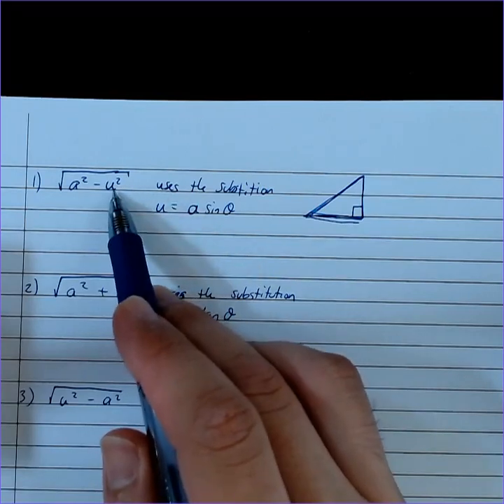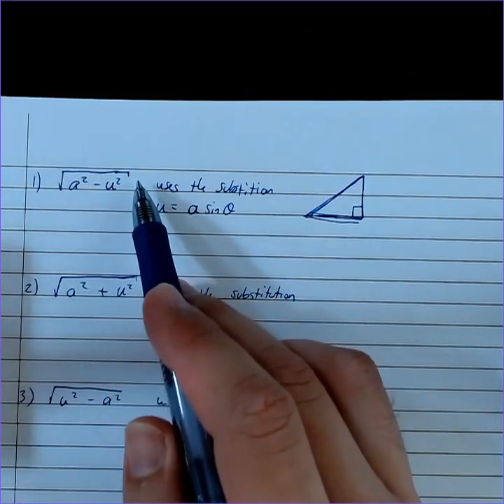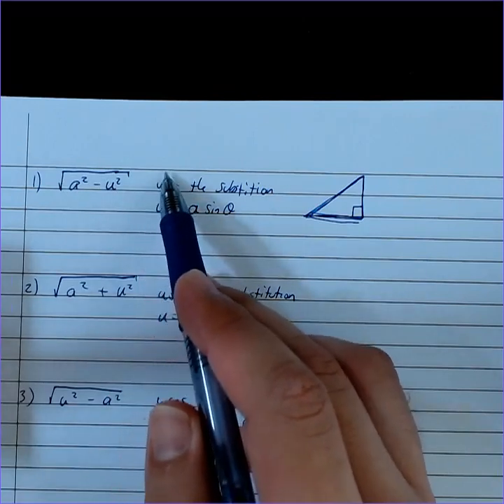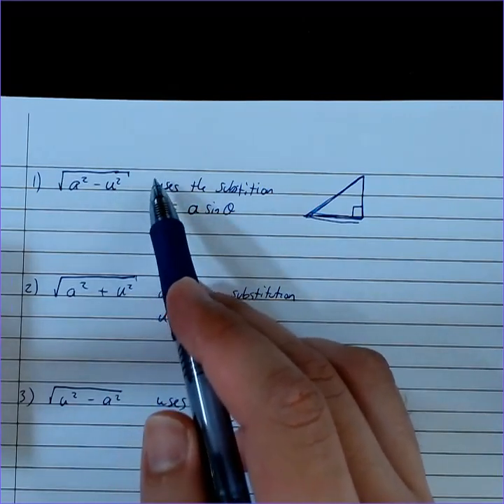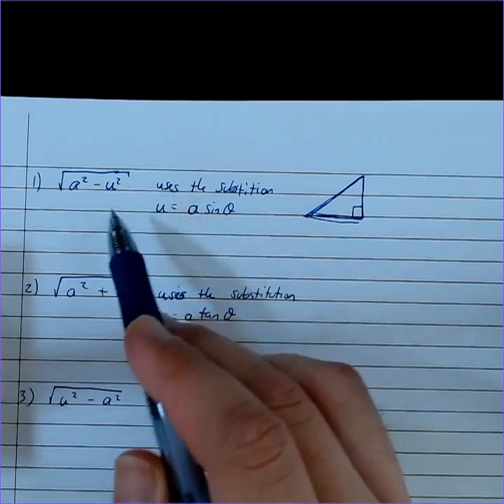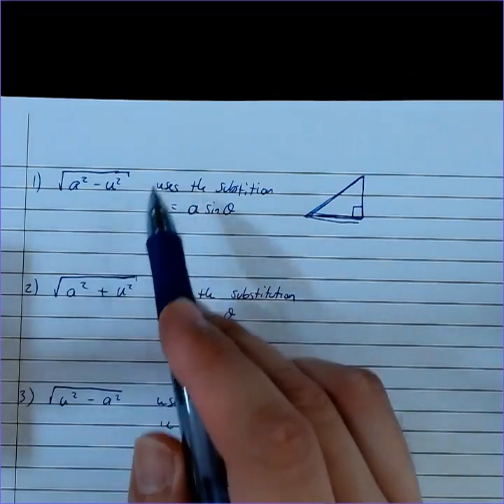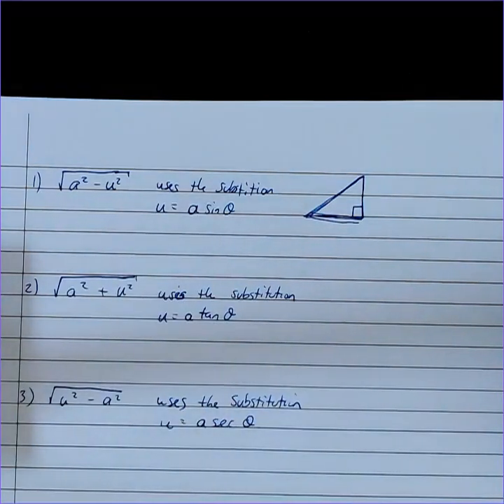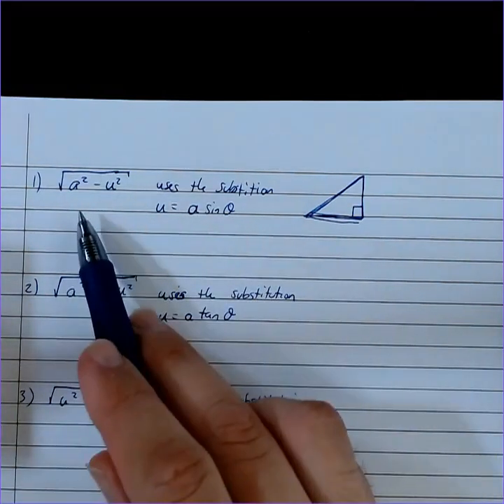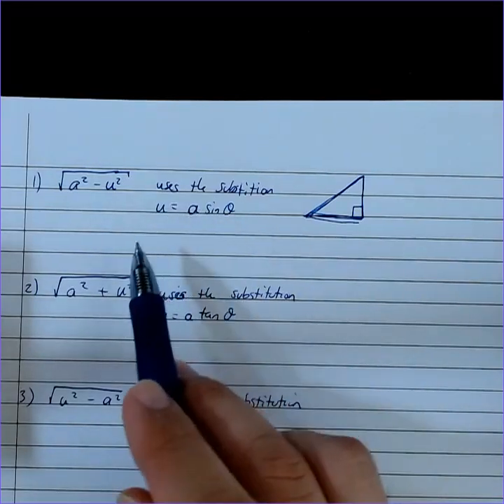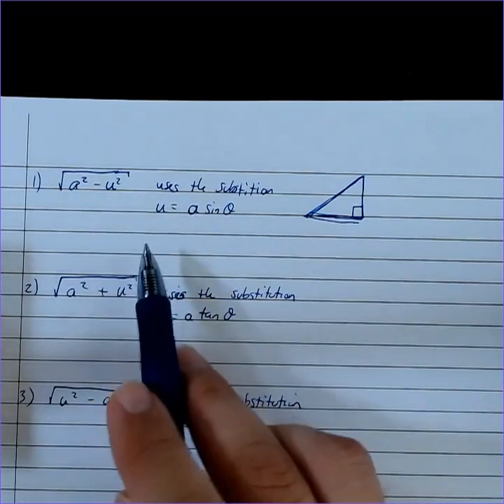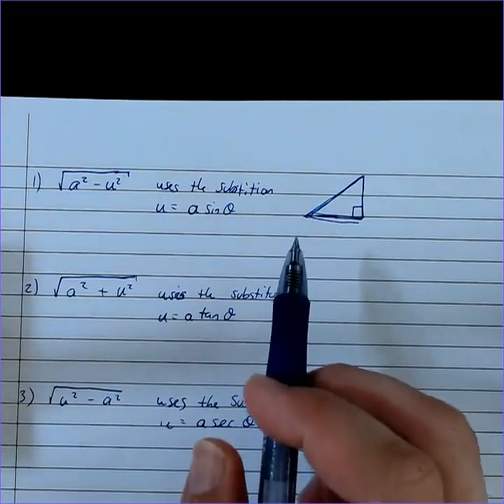After all, if I were to say this equals some value, let's say, b, for the sake of argument here, I could square both sides and say a squared minus u squared is equal to b squared. But then adding the u squared over would give me a squared is equal to u squared plus b squared, which, in spite of the fact that I'm using different letters, is the Pythagorean theorem.